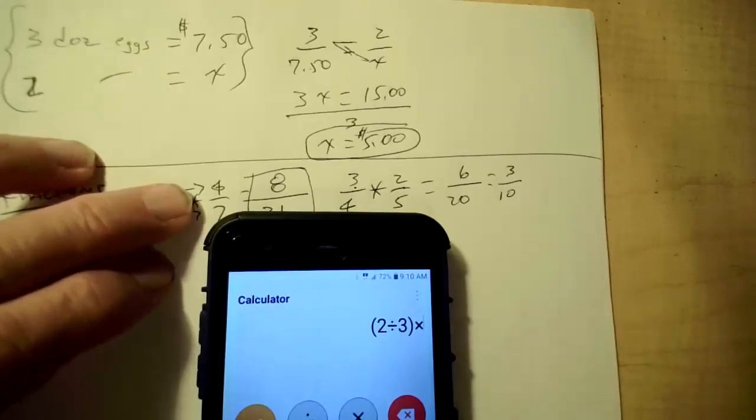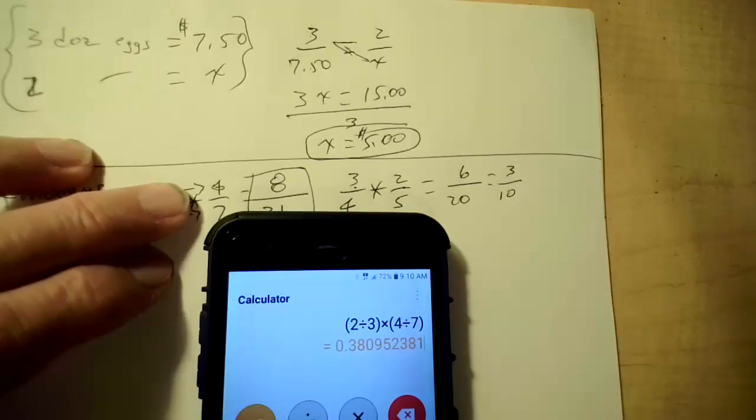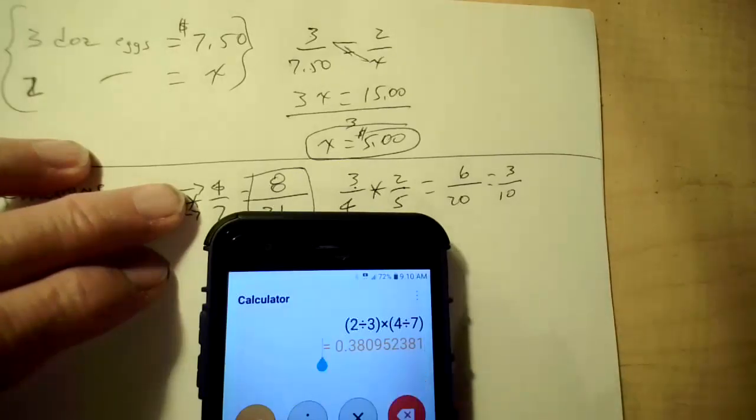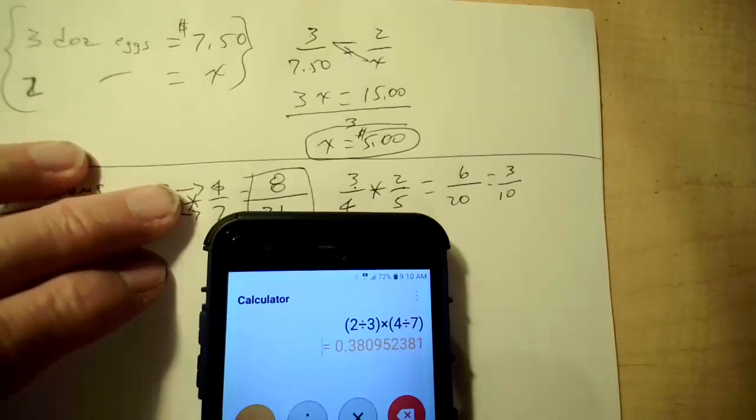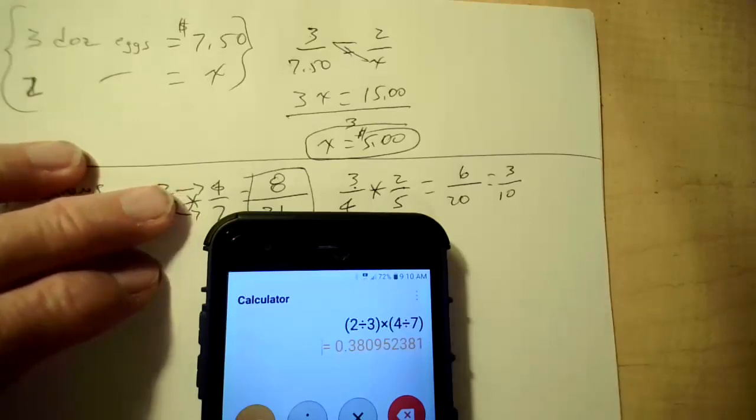Times open parentheses, 4 divided by 7, close parentheses, is 0.38.